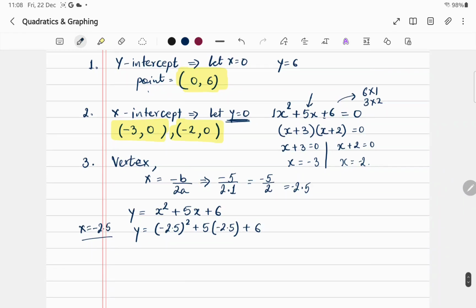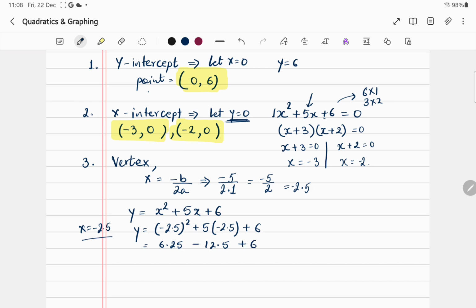You can use a calculator at this point. 2.5 squared is 6.25, plus 5 times minus 2.5, which is minus 12.5 because it's a negative, plus 6.